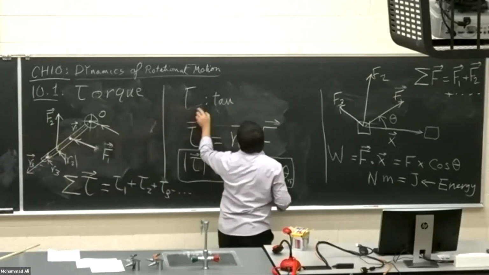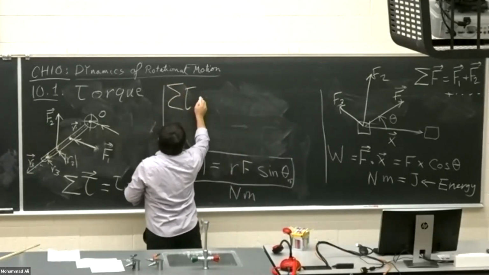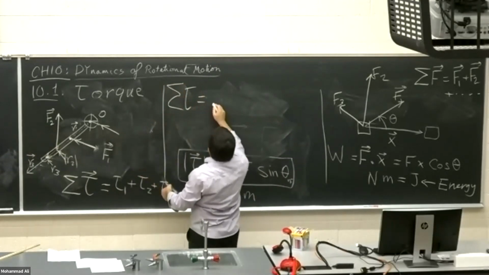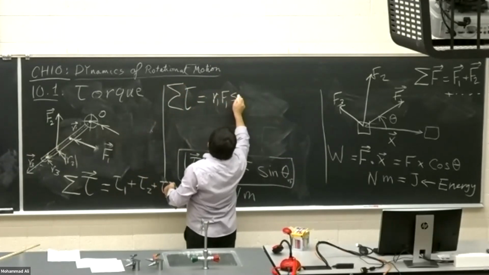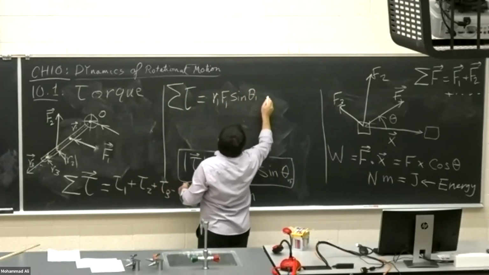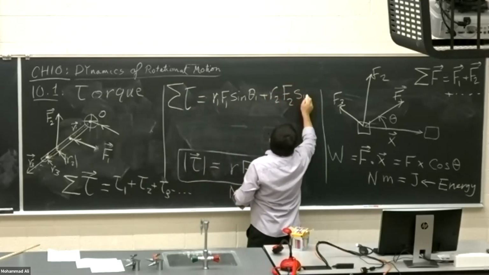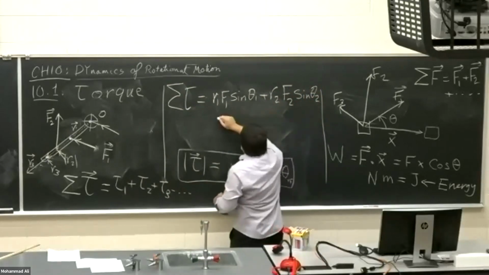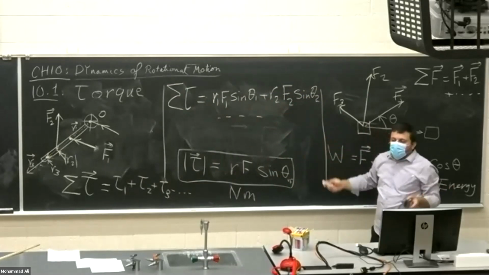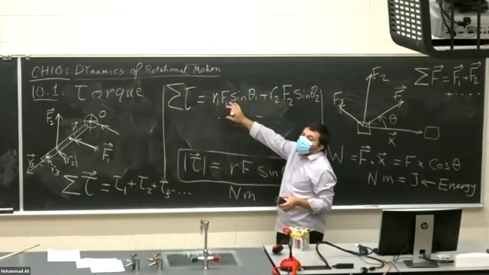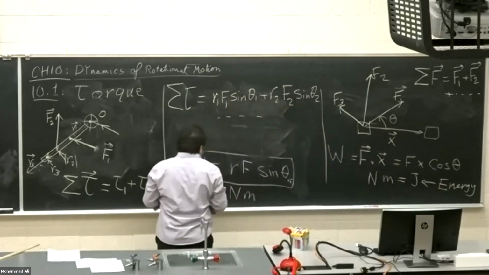The total torque is equal to the first torque, R1 F1 sine theta 1, plus R2 F2 sine theta 2, and so on, R3 F3 sine theta 3. Just like that. We just add forces, or rotational forces, we just need to call them torques.